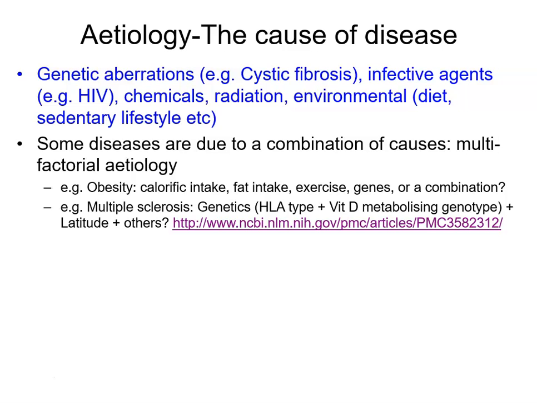So what we're looking at here is a multifactorial etiology involving genetics and an environmental effect. So sometimes the cause of disease can be many different compounding factors all combining together to cause the disease.